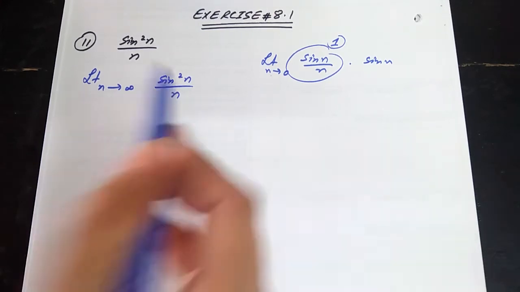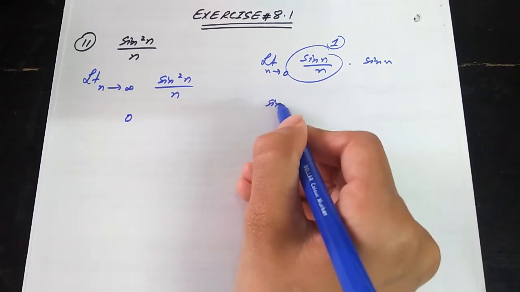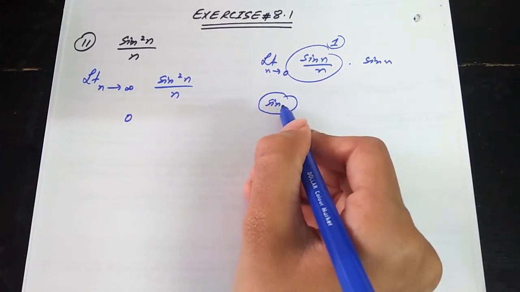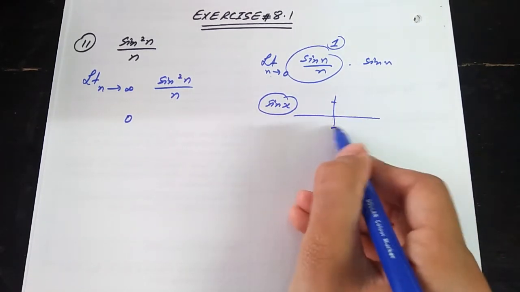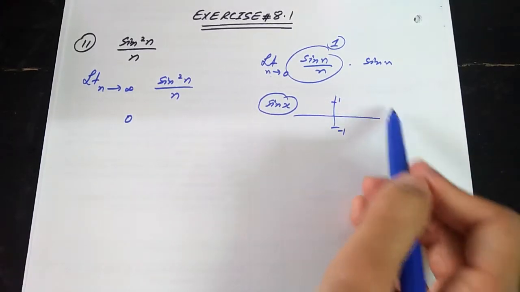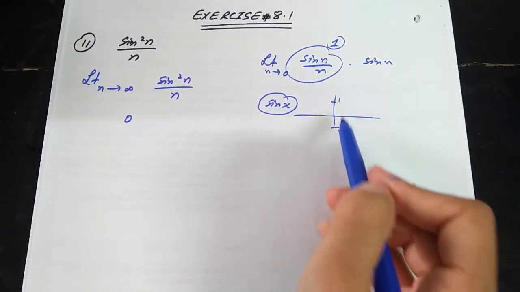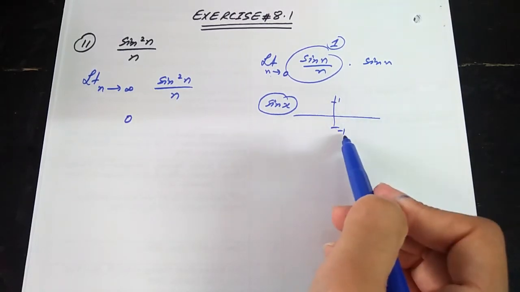We know that the range of sine of x on the graph is between 1 and minus 1. The range of the sine wave is between 1 and minus 1.